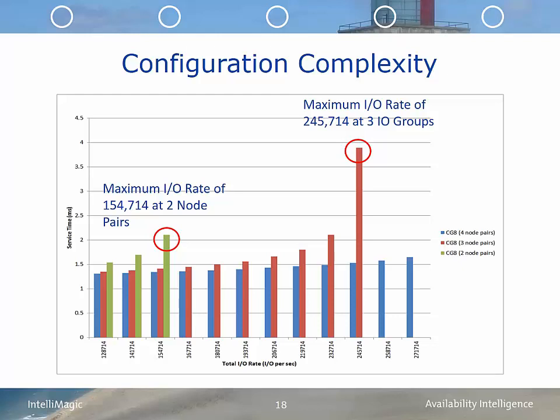We can see that the maximum I/O rate the 2-node pair can sustain is 154,714, and the maximum I/O rate that a 3-IO group node pair could handle is 245,714. Using this information, you can determine the exact number of nodes to configure to support your workload.